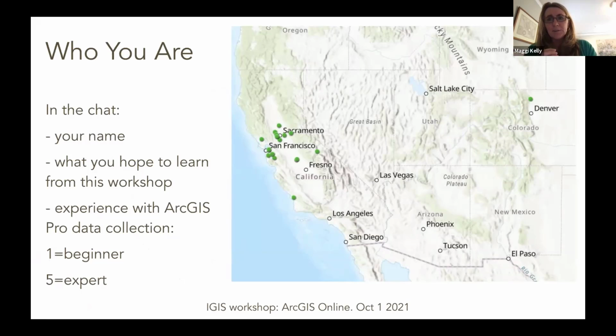But if you care to, in the chat, could you tell us your name, what you hope to learn from this workshop, and your experience, not with Pro, I forgot to change this, your experience with ArcGIS Online from like 1 to 5. It'll just help us and all of you get a sense of who we are. So anybody wants to start, I would love to see that. I got the chat window open. So your name, what you hope to get out of this workshop, your experience with ArcGIS Online, take it away.